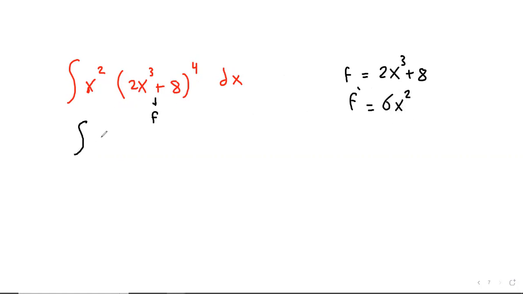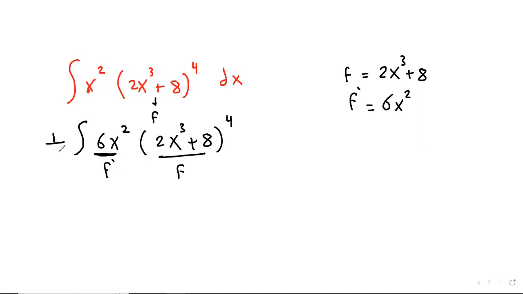So here it's the integration of 6x squared multiplied by (2x to the power of 3 plus 8) to the power of 4. What I did, I multiplied here by 6 to get the derivative of this function, and multiplied by 1 over 6, because 1 over 6 times 6, one cancels the other out. So here we have the function and its derivative.